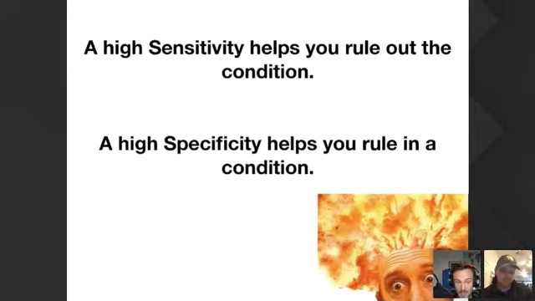The high specificity helps you to rule in the condition. Okay, so if you test them and the test is positive, then it helps you to identify that the condition is probably there, because the test is being very specific to what you're trying to test it for.